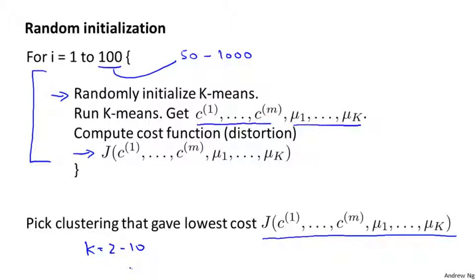There's a much higher chance that your first random initialization will give you a pretty decent solution already, and doing multiple random initializations will probably give you a slightly better solution, but maybe not that much. It's really in the regime of a relatively small number of clusters, especially if you have maybe 2 or 3 or 4 clusters, that random initialization could make a huge difference in making sure you do a good job minimizing the distortion function and giving you a good clustering.